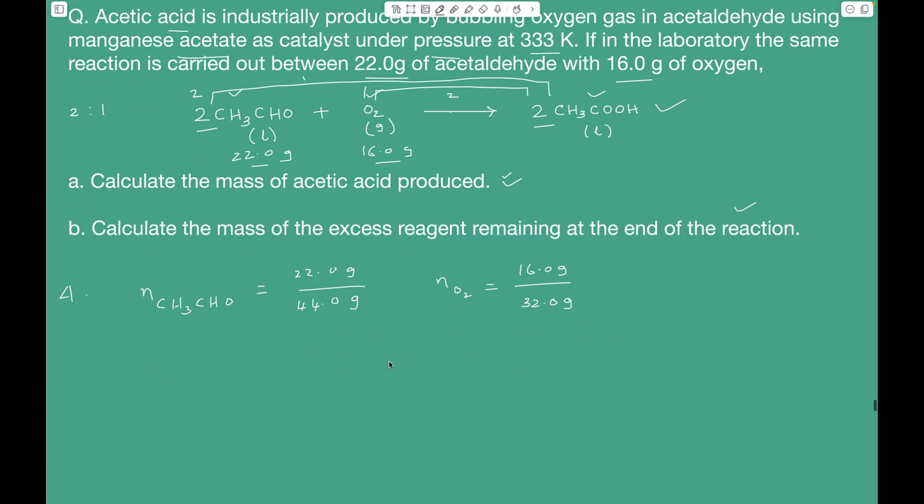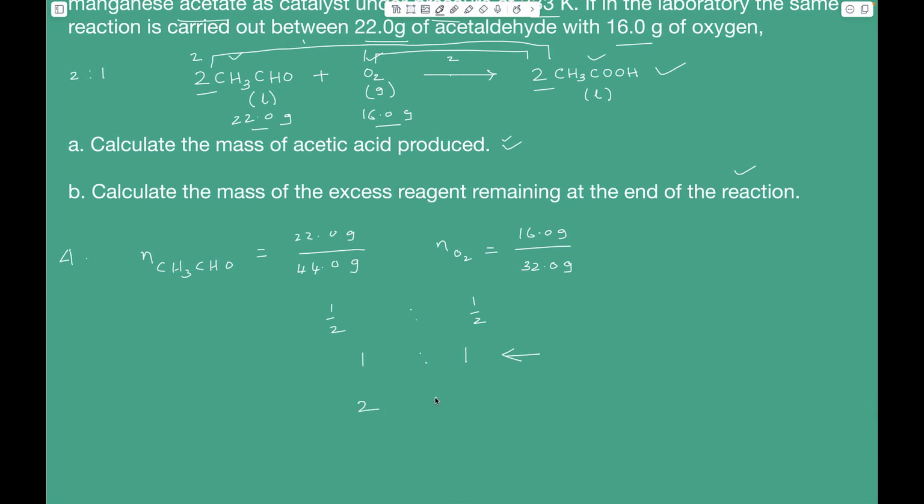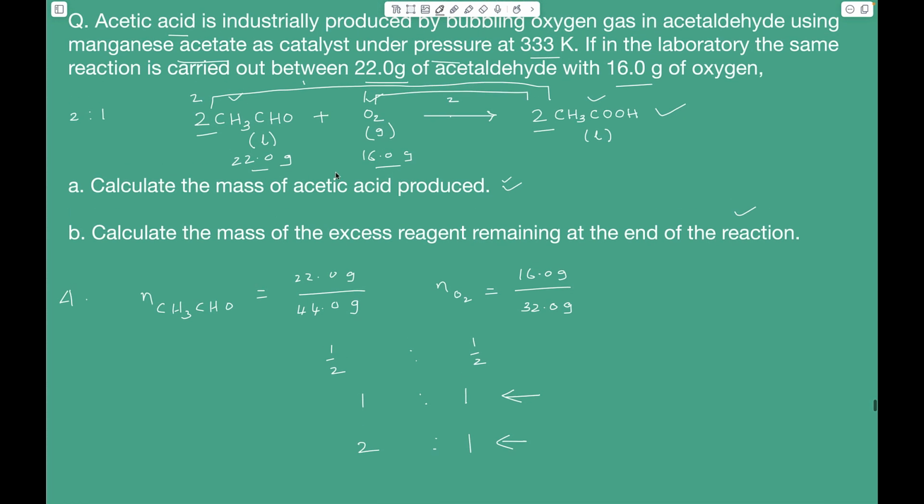Now what is the ratio between these two? This is half, this is half. So the ratio is 1 to 1. This is the ratio of the number of moles that are taken, and the ratio should actually be 2 to 1 for them to completely react with one another.